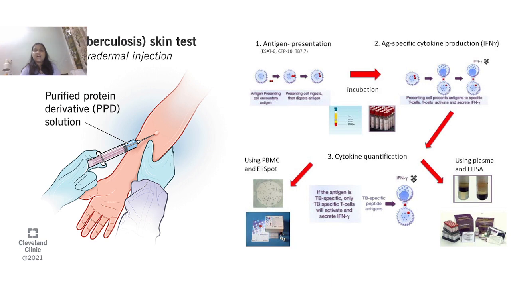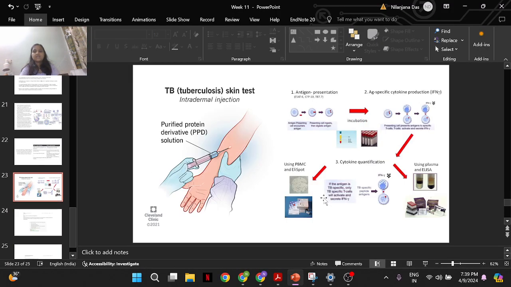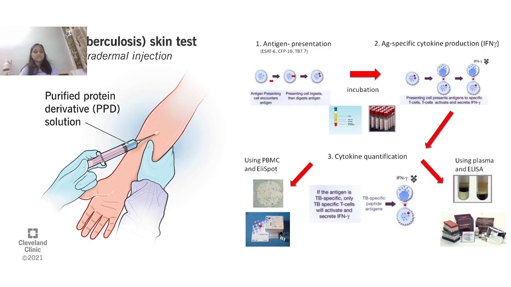So this is the IFN gamma release assay, which detects whether you have TB or not, whether your cells are sensitized to produce IFN gamma or not. So these are the two tests which are done against TB, and a few other tests are also conducted, but mainly these two tests are done.